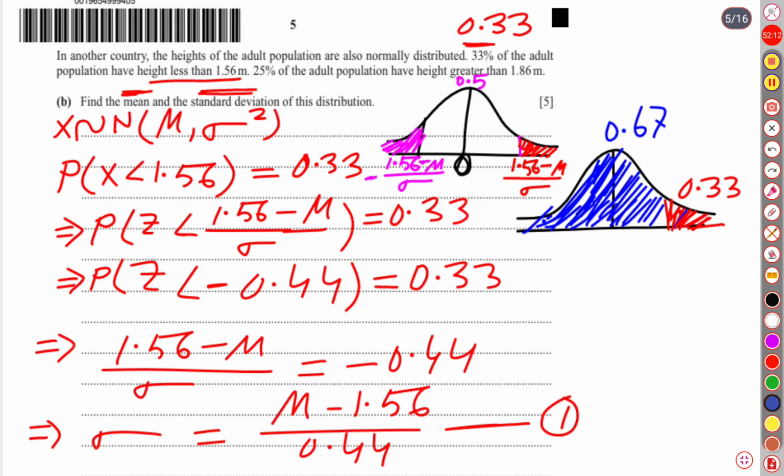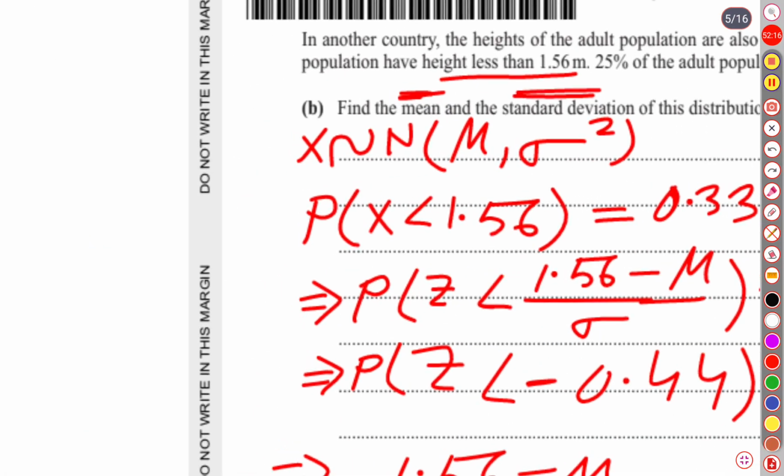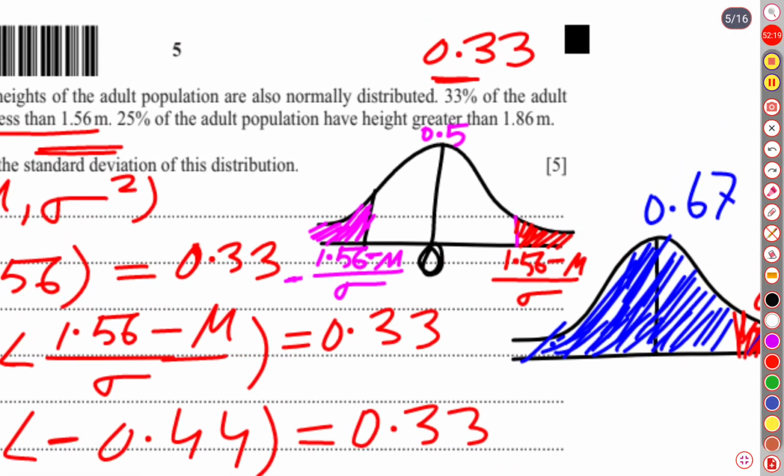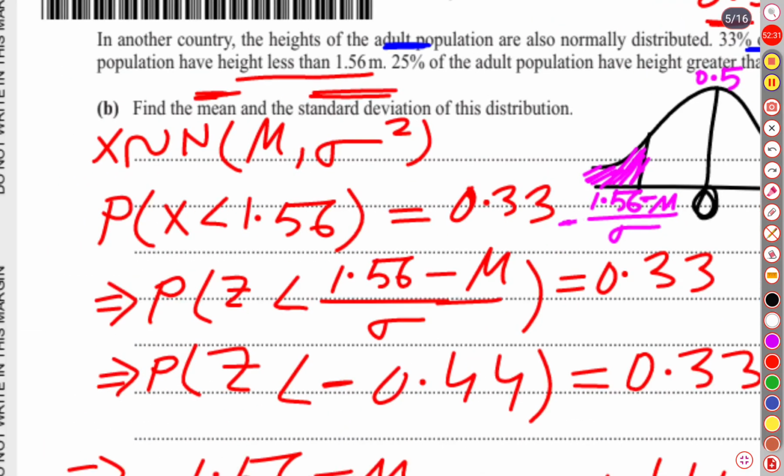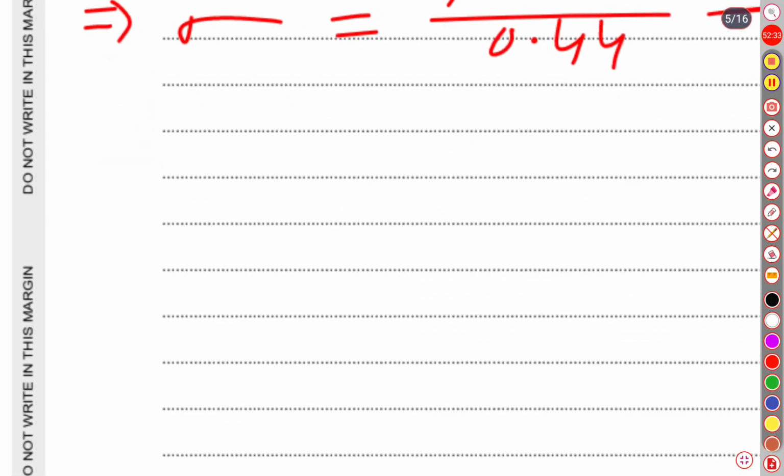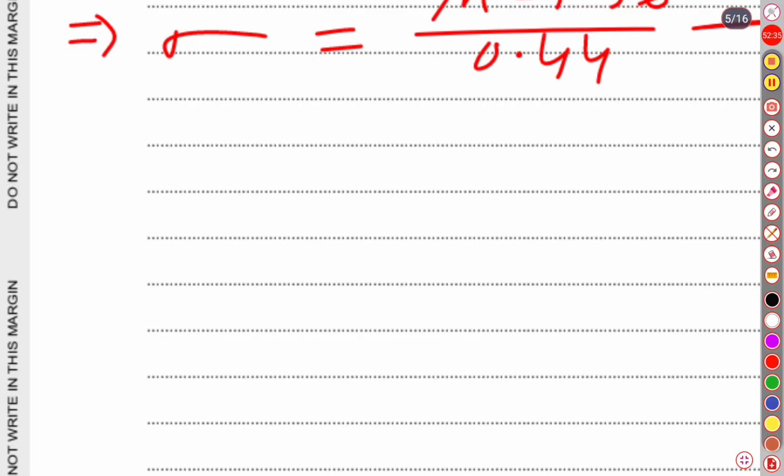Then for the second case, what was the second case? It is written, our height is greater than 1.86 and probability is 0.25. So we will write it as the same as the previous one. Probability x is greater than, isn't it?